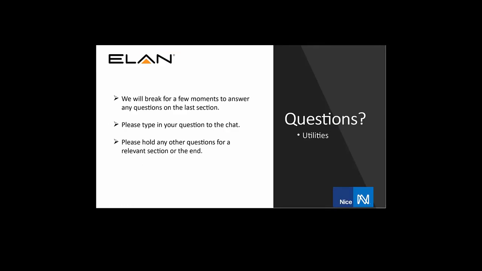So let's take a break here and ask some questions. There's a bunch of questions that came in. Guys, a lot of questions about other third-party products, especially networking switches that we haven't touched on. With utilities being a new subsystem, a new category in Elan, it is going to be part of our API for the third-party developers.